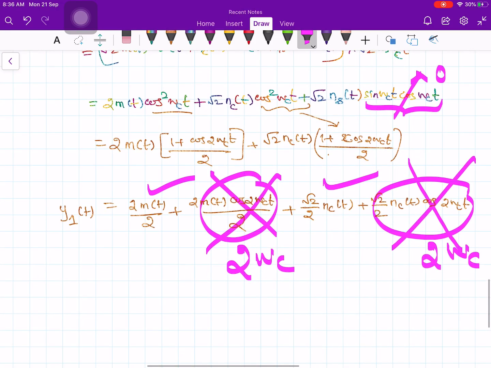Therefore the output of my demodulator, y naught of t, that is the output of the low pass filter, is equal to m of t plus root 2 by 2, which becomes 1 by root 2, nc of t.